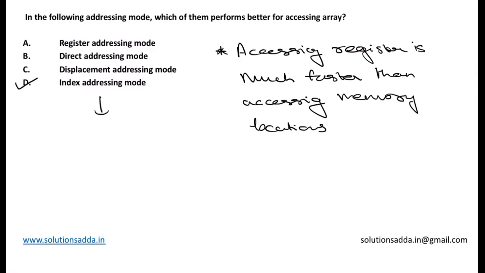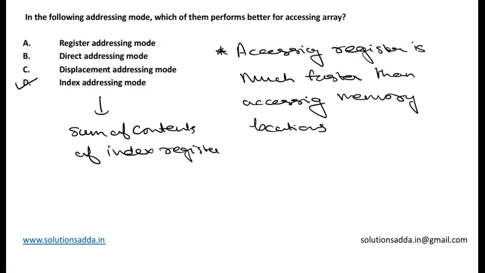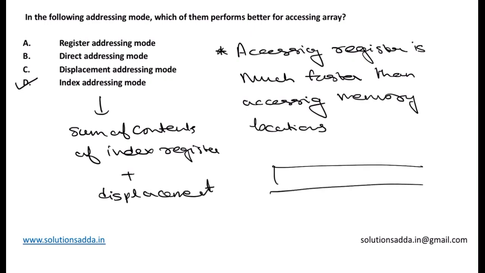And here in index addressing mode, the address is calculated as the sum of contents of the index register plus displacement. For an array, it is a contiguous memory location. We find out the contents of the index register and the displacement, and then the efficient performance is given by the index addressing mode.